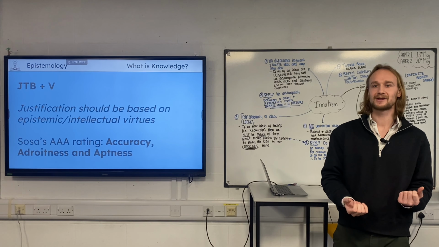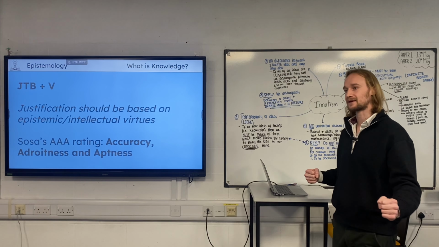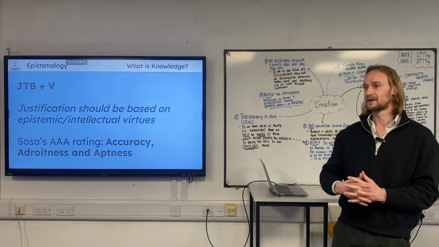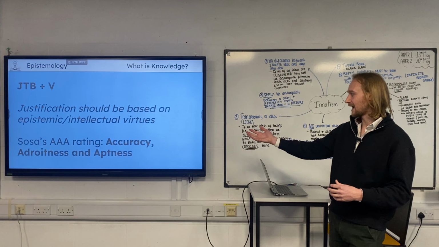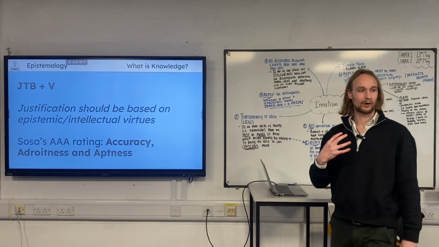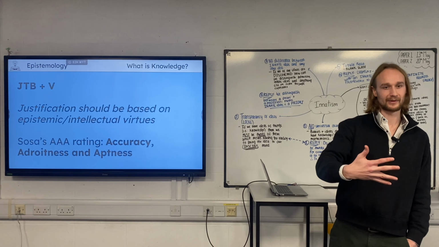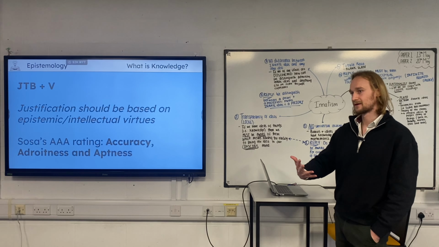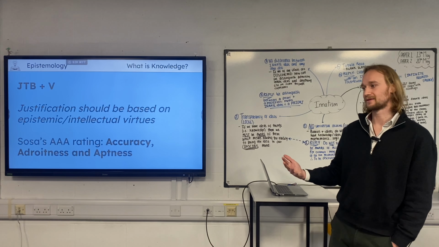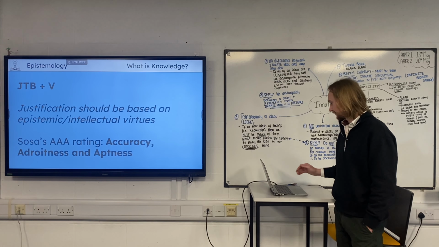But you also want an archer that's skillful, has got good technique. So you know that that technique is responsible for the accuracy. And that's where the aptness comes in. A good archer has to be accurate because of their skill, because of their technique. So you know that they are going to be accurate oftentimes. They are, I suppose, reliable.